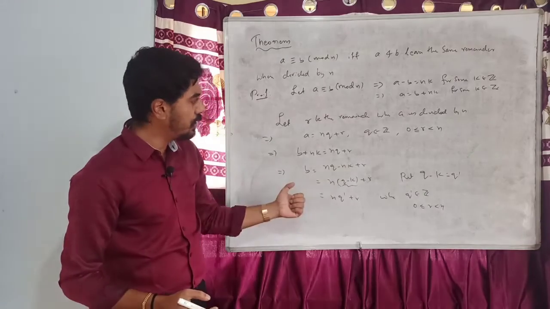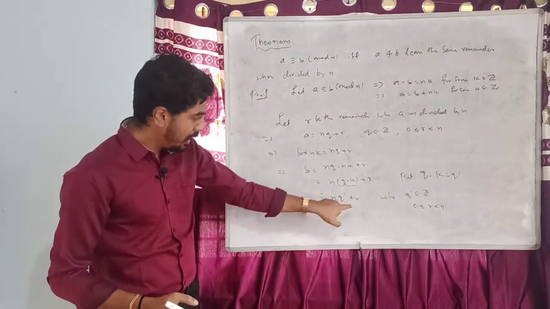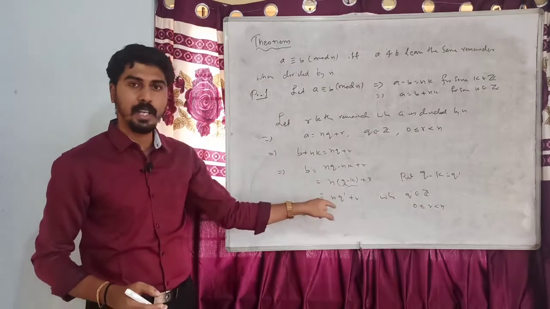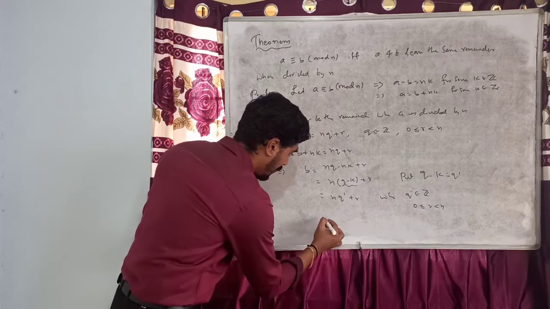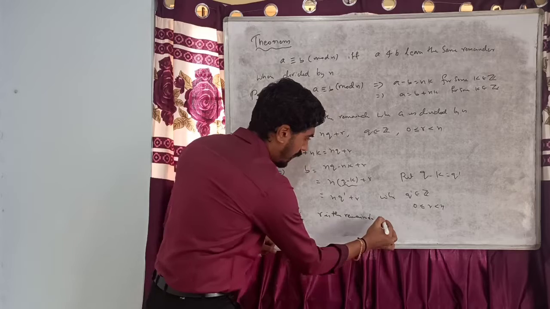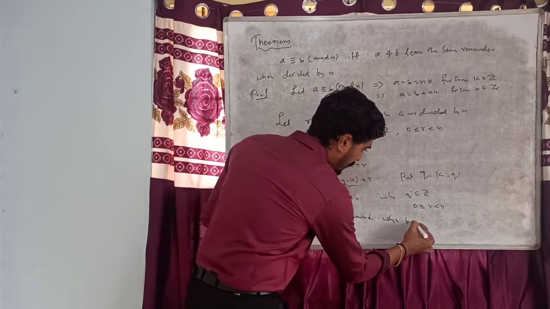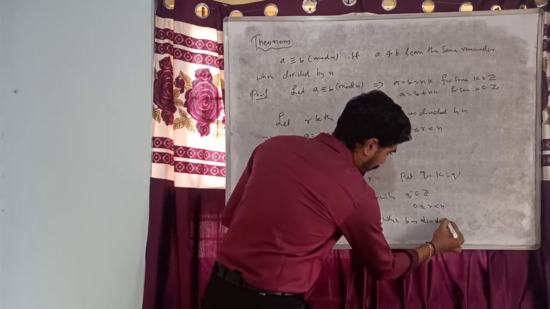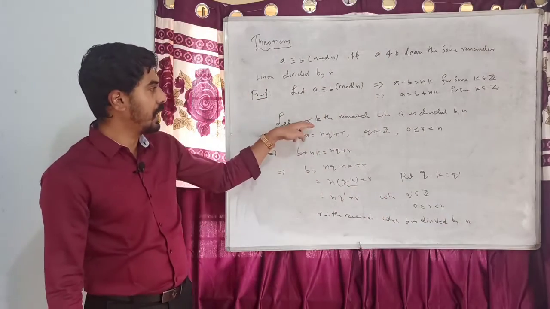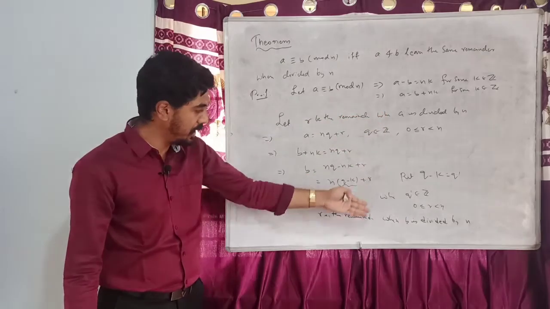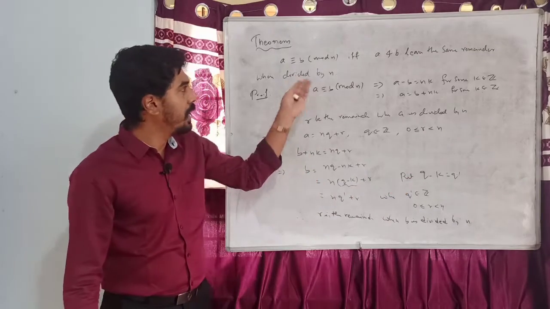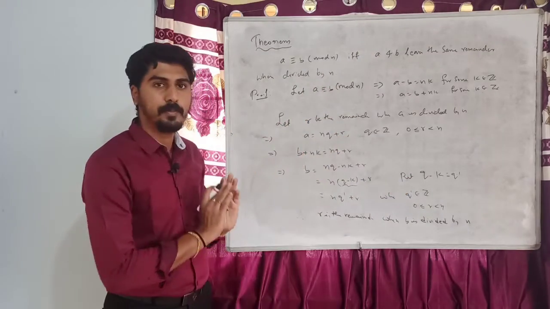So by the uniqueness of remainder and quotient, this R should be the remainder when B is divided by N. Therefore, R is the remainder when B is divided by N. So considering R is the remainder when A is divided by N, we have shown that R is the remainder when B is divided by N. So A and B leave the same remainder when divided by N.